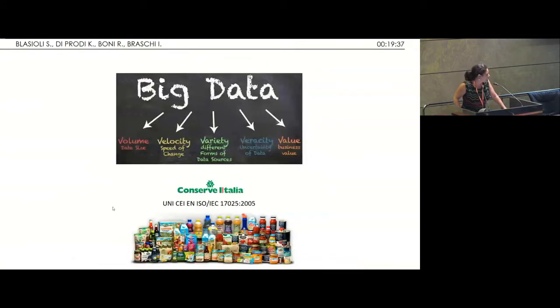So we will talk about big data, and the big data we manipulated and organized come from Conservitalia.